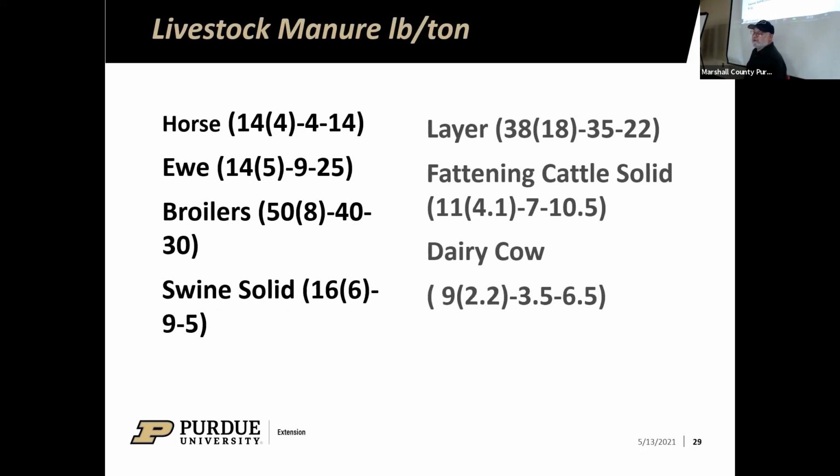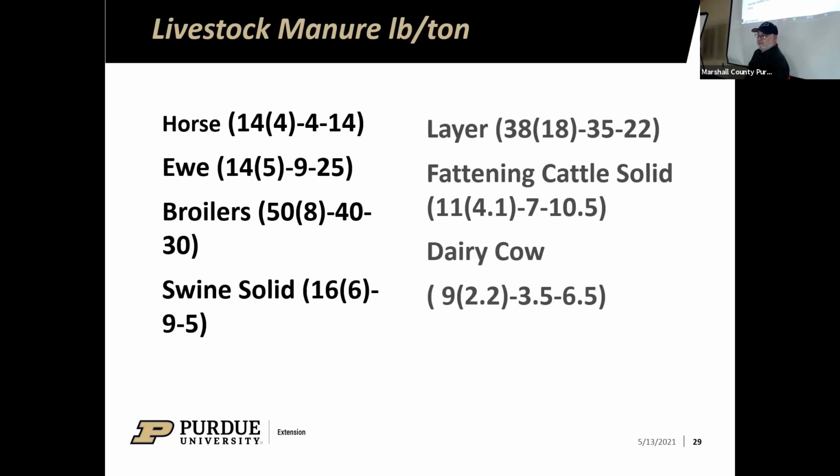Livestock manure, this is pounds per ton wet. So if you buy livestock manure out of a store, it's been dried and composted. But when we're utilizing livestock manure, the smaller number, again, we know studying fertilizers, the first number is nitrogen, but the smaller number beside the larger number indicates what nitrogen is readily available to go into soil solution than phosphorus and potassium.